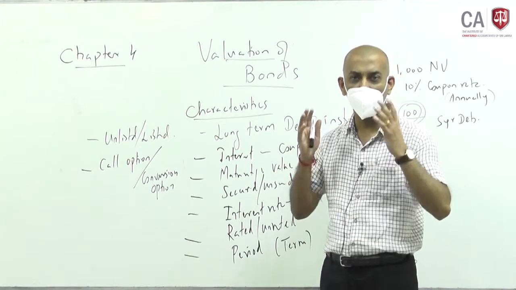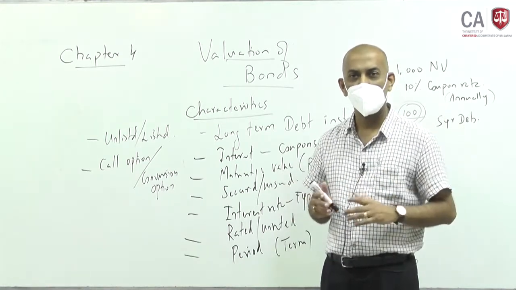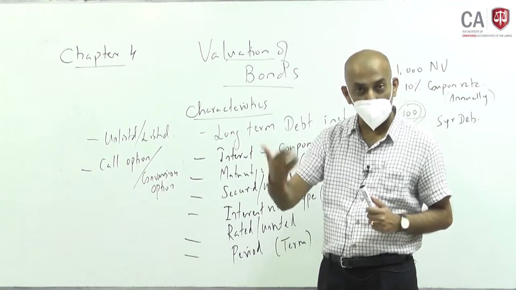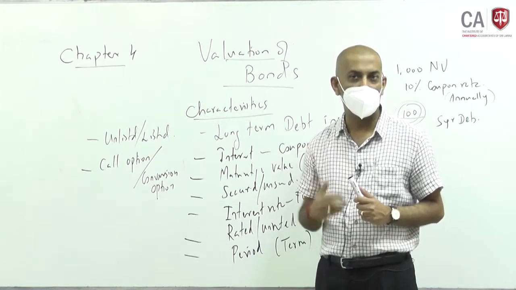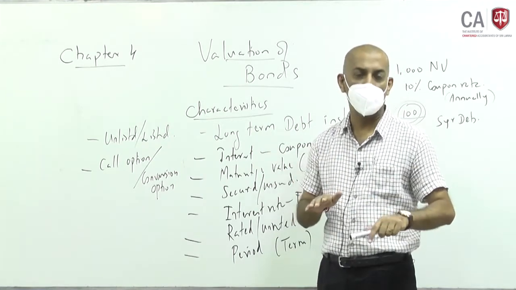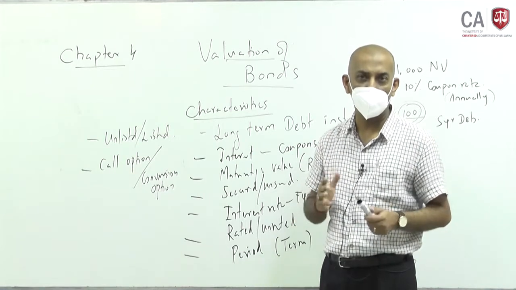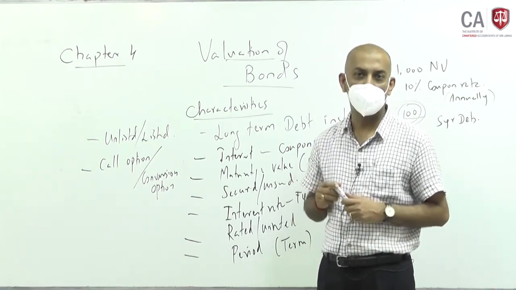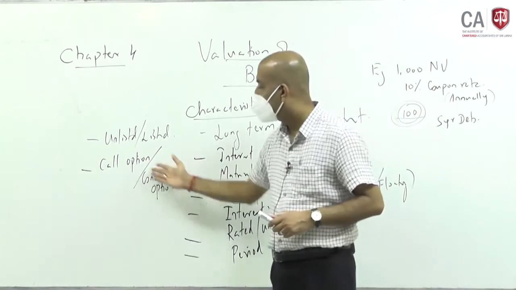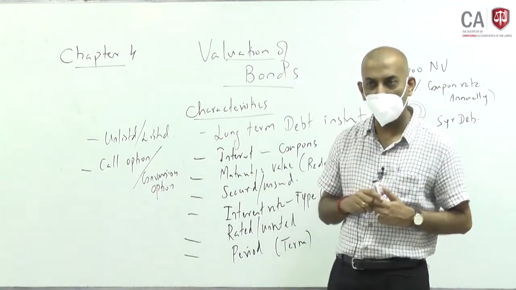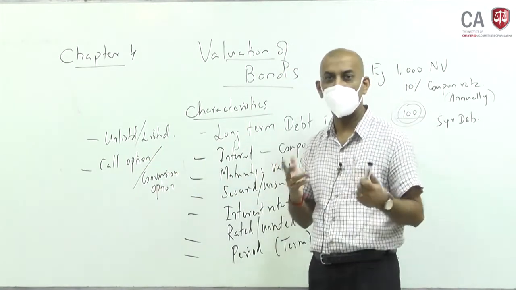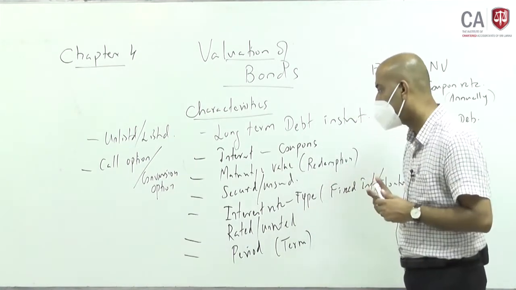You are converting your debentures to shares. So you have the opportunity of becoming a shareholder of the company at a point in time, even though at the beginning you are a debenture holder, invested in a debt instrument. So these are some of the options available in corporate bonds that you need to be knowledgeable about.